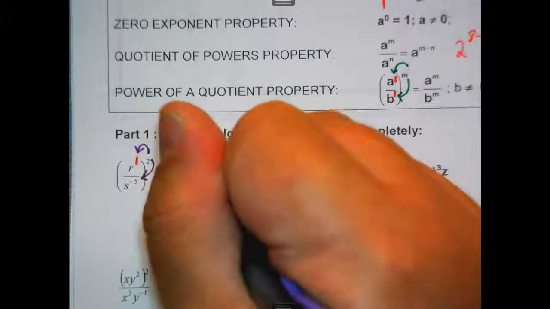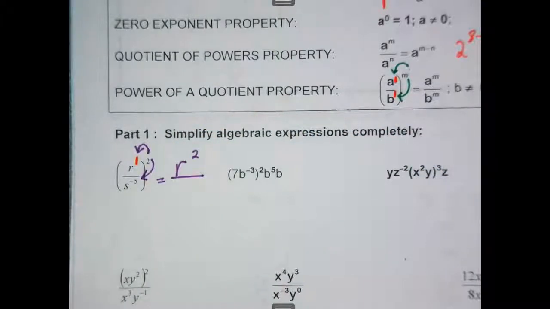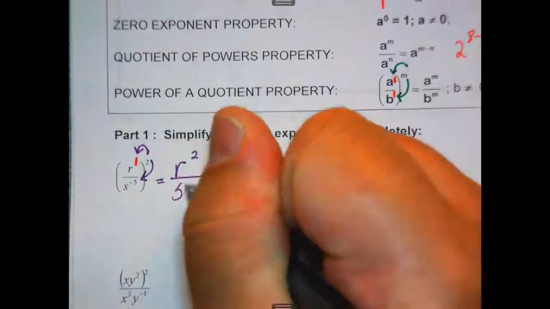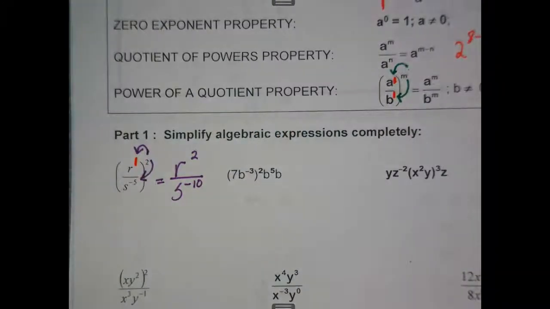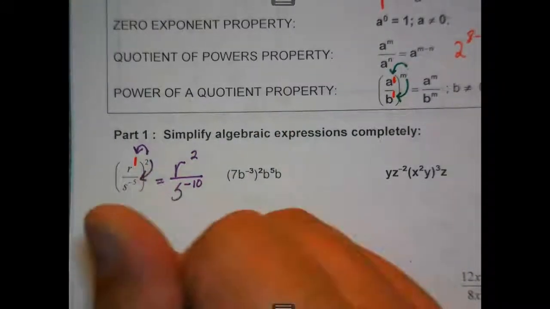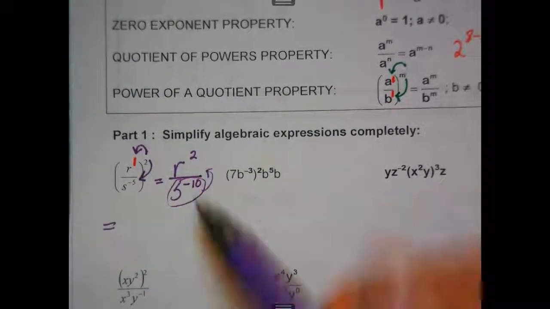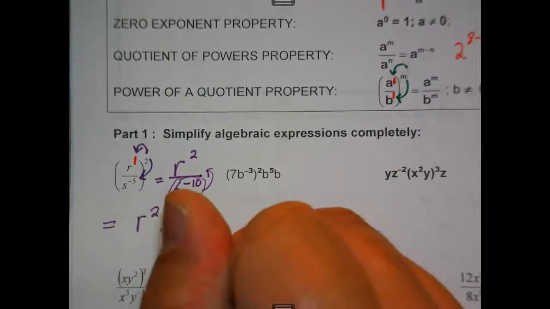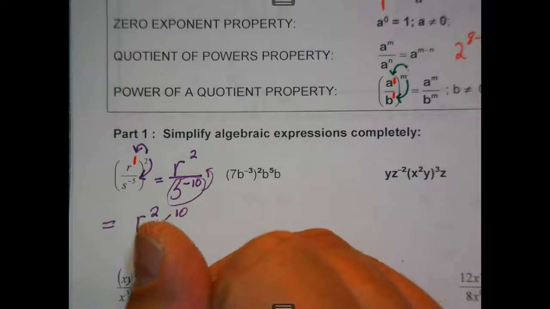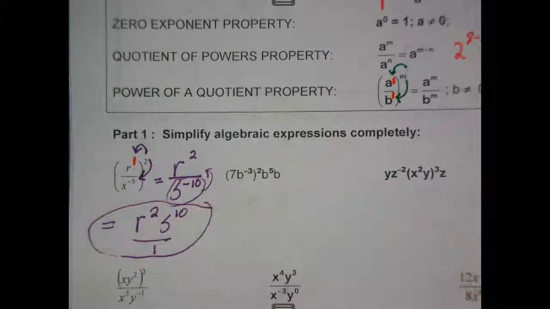I get r to the 1 times 2 is 2, divided by s to the negative 5 times 2 is negative 10. I can never leave my answer with negative exponents. So I need to move this upstairs, right? R squared s to the 10th. If you want to put it over 1, fine, or just leave it as it is.